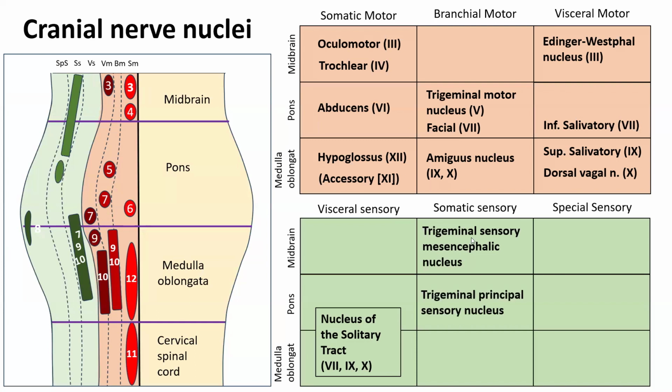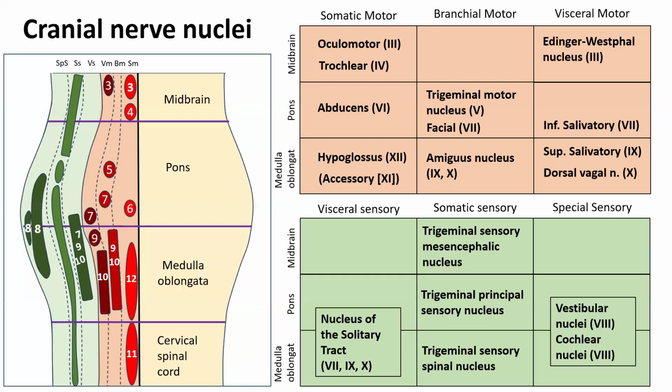Then we have the trigeminal principal sensory nucleus, which receives information about proprioception, vibration, and fine touch coming from the face. And finally, the trigeminal sensory spinal nucleus, which carries sensory information about pain, temperature, and crude touch coming from the face.